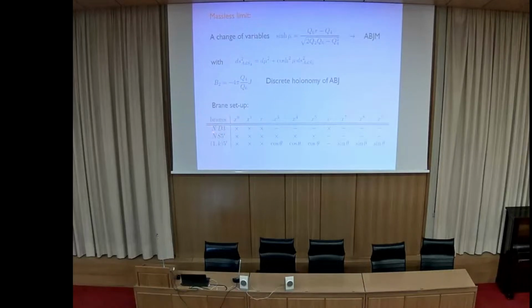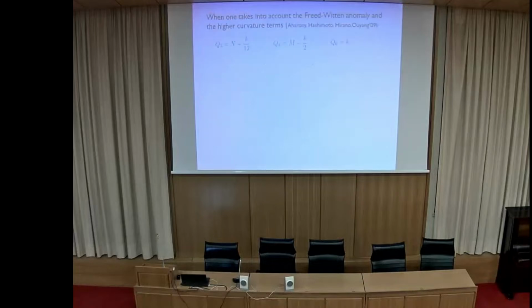Maybe you wonder why I'm using this n for the number of D3 branes instead of Q2, or K for the number of D5 prime instead of Q6. And this is because you may remember that in these non-trivial geometries, there are effects, which are the Freed-Witten anomaly and the higher curvature terms, which have the effect of sourcing higher dimensional brane charge in the worldvolume of the branes.